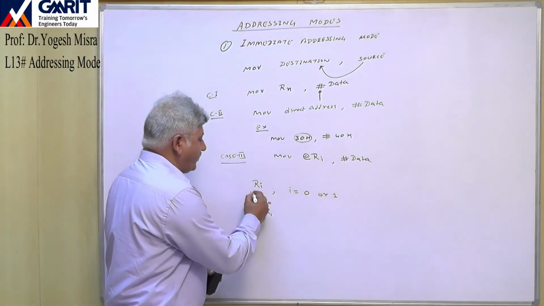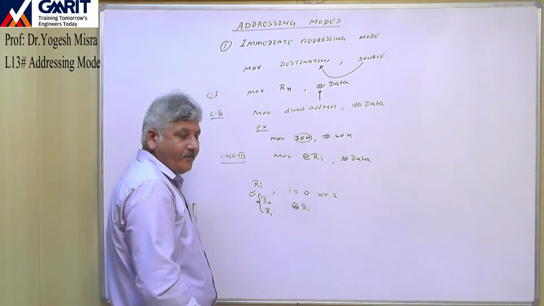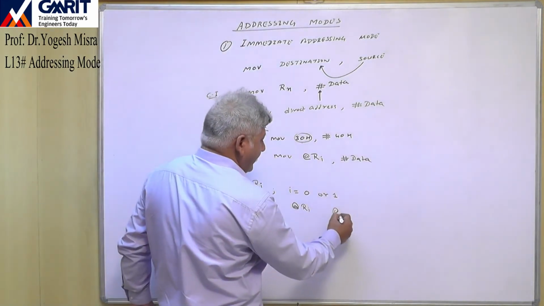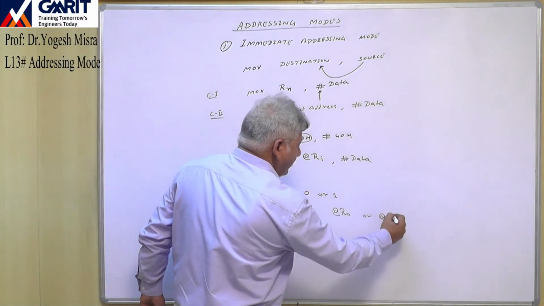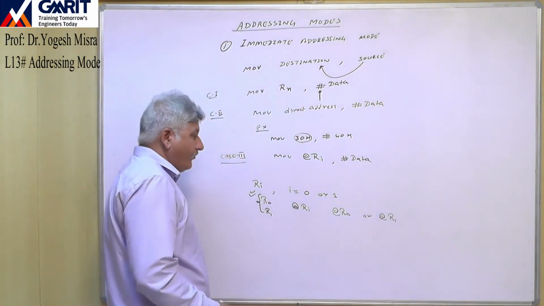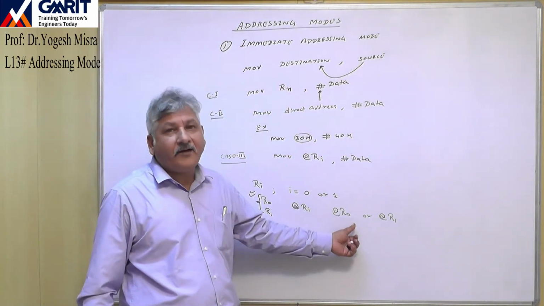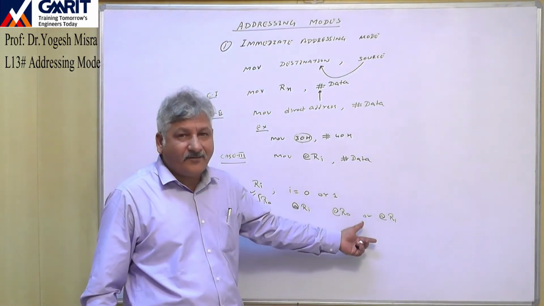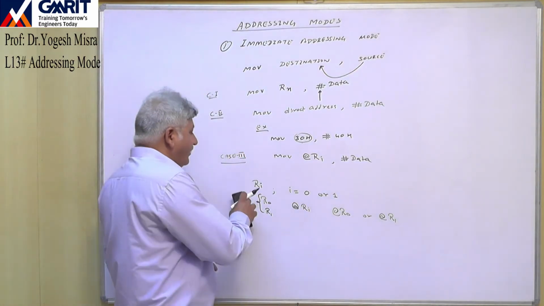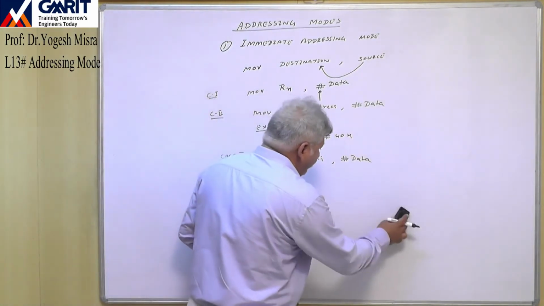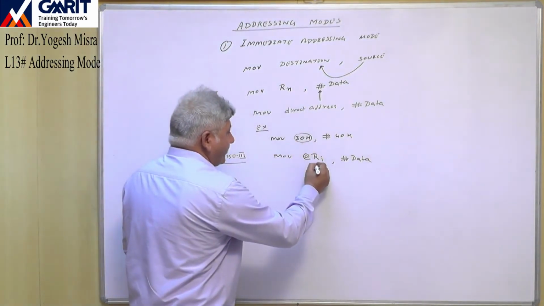Only these 2 registers can be used with @Ri, meaning we can use @R0 or @R1. We cannot use @R2, @R3 or @R7. So those are invalid. Now what is the meaning of this destination?